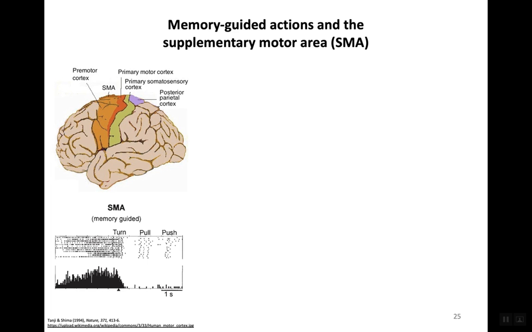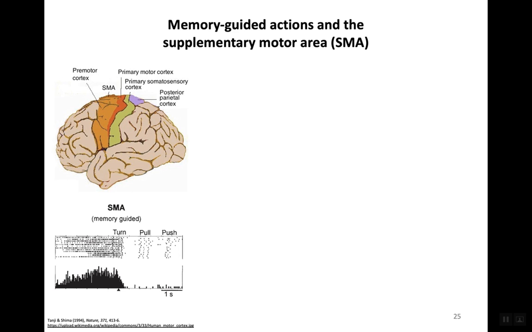Okay, so what does it do? A number of studies have related the firing rates of neurons within the SMA with the performance of memory-guided actions, what we might be tempted to call automatic actions.